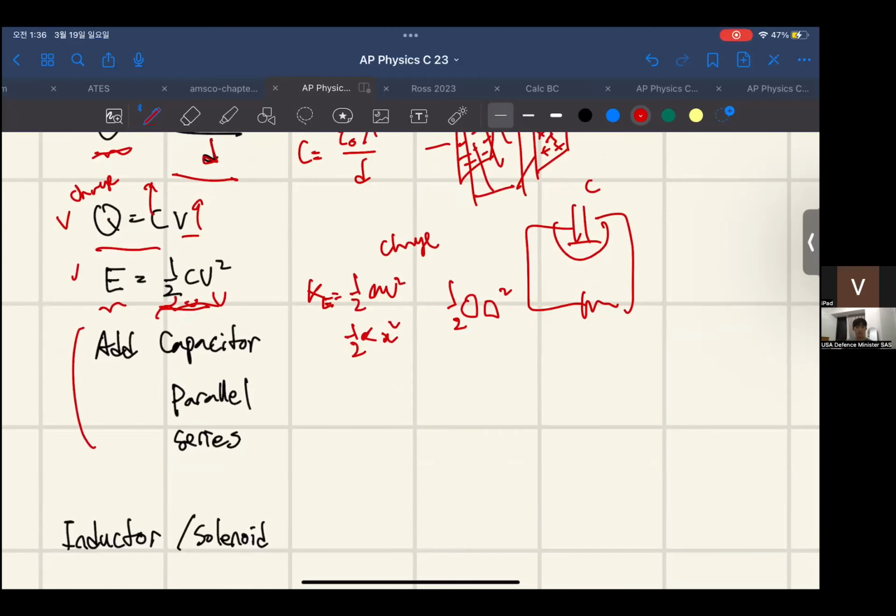Now, finally, let's talk about adding capacitors. Capacitors can be added in two ways, just like resistors: parallel and series. If we add two capacitors in parallel, first of all, both capacitors would have the same voltage difference across them. Why?